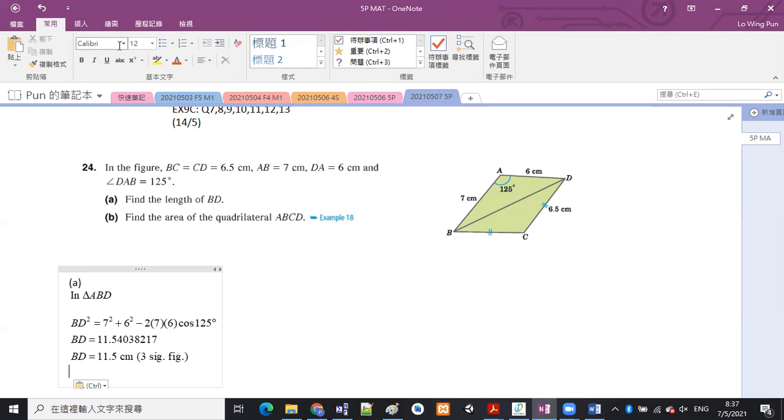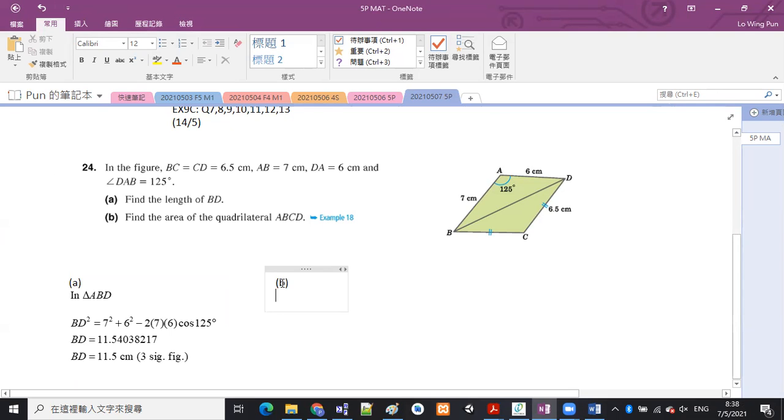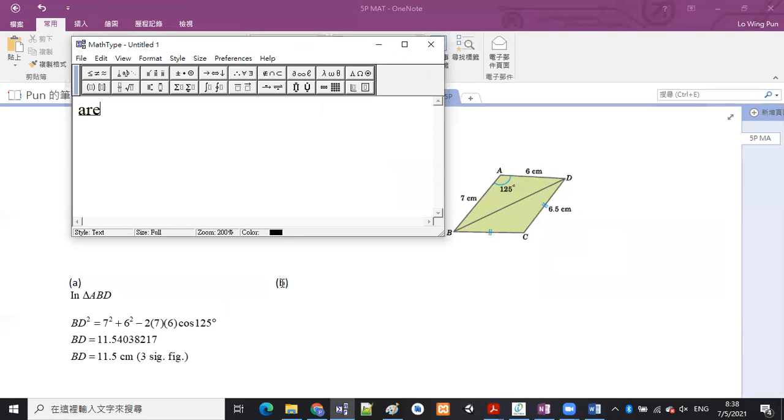But for triangle BCD, we have 3 lengths only. We don't have any angles, right? So we have to use Heron's formula for triangle BCD. Okay, so let us do it like this. Part B. The area of triangle ABD is equal to 1/2 times 7 times 6 times sine 125 degrees.